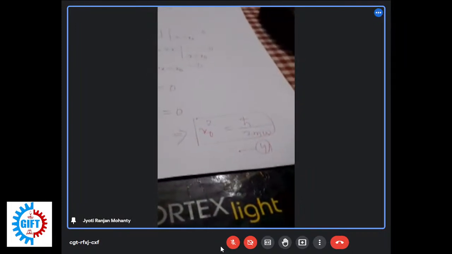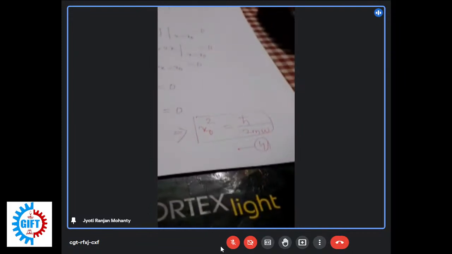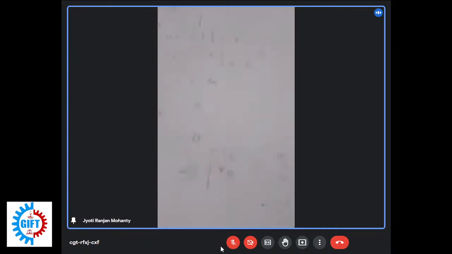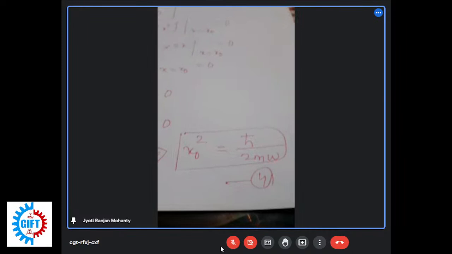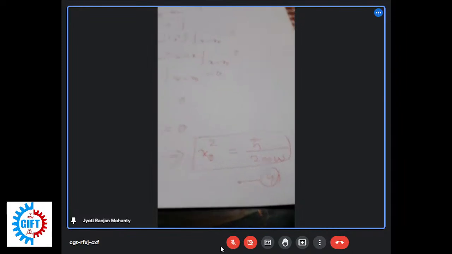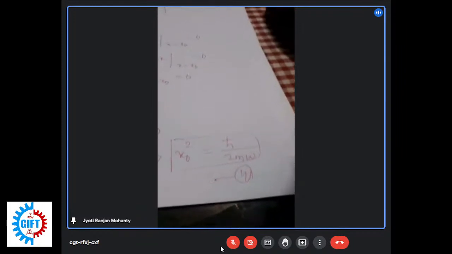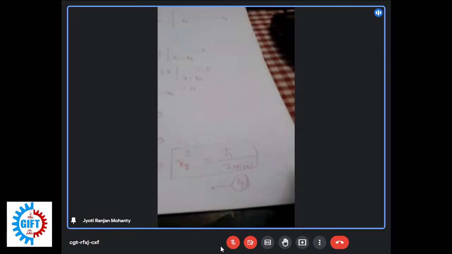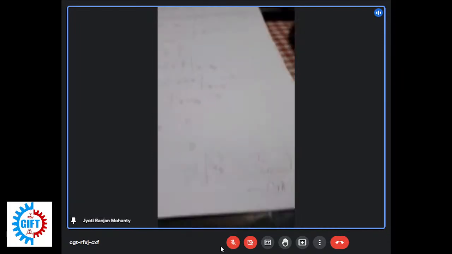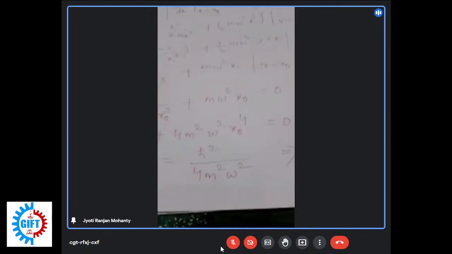Okay? Now, so we got x0 square. Using equation 3 and equation 4, we can find the minimum energy.